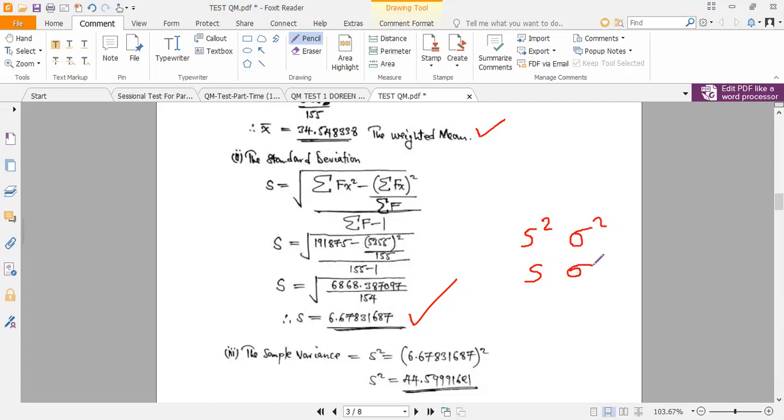Although lecturers are lenient about you using either of the formulas, to be specific, a sample with listed figures is supposed to be denoted by these letters S and S squared. So squaring this 6.6 gives us 44.59. That is what we call our sample variance.